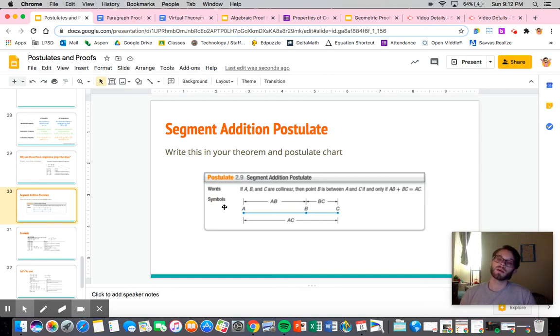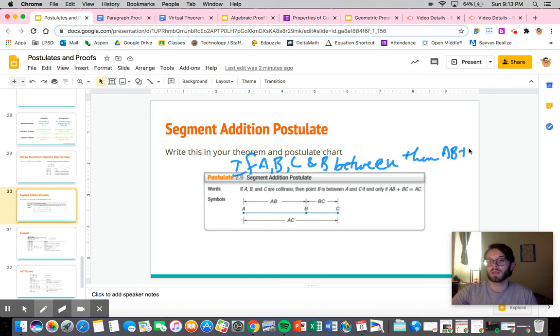So what does that ultimately mean? That means two things, right? Remember, biconditional statements mean two different things. So it means this way: if A, B, C are collinear and B is between, then AB plus BC equals AC.